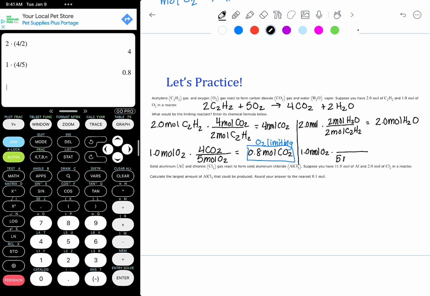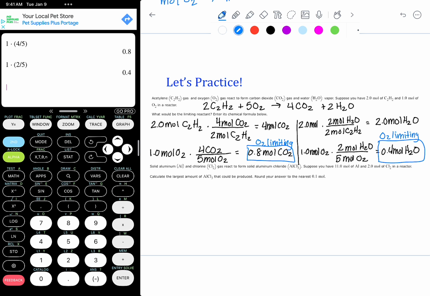And for every 5 moles of O2, we get out 2 moles of H2O. So we do 1 times 2 divided by 5. Oops, not 59. There we go. So that gets us out 0.4 moles of H2O. So again, that shows that O2 is limiting. And for this problem, it just asked for the chemical formula, so you would just type in O2.